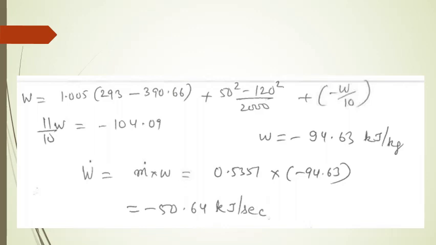So ultimately we are having 11W upon 10, which is equal to minus 104.09. Now the value of W is minus 94.63 kilojoule per kg.